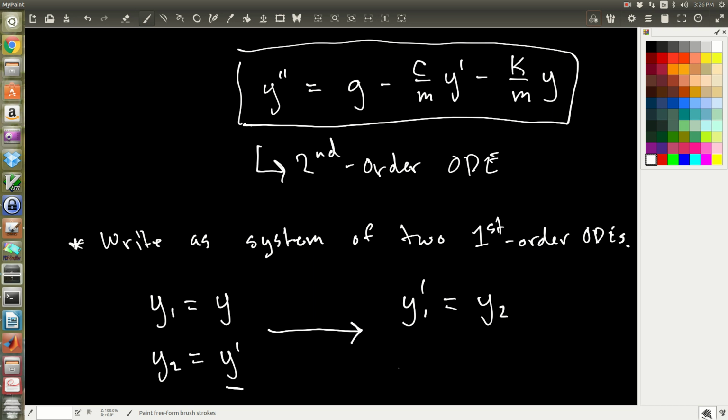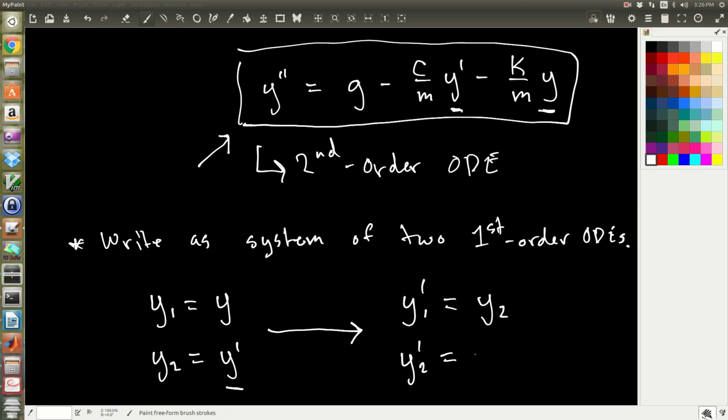Now if I differentiate y2 with respect to time, that's going to be equal to y double prime. Well, I have an equation right here that describes y double prime, and y prime here is just y2, and y is just y1. So I can substitute those in and write down an equation for y2 prime in terms of y1 and y2.